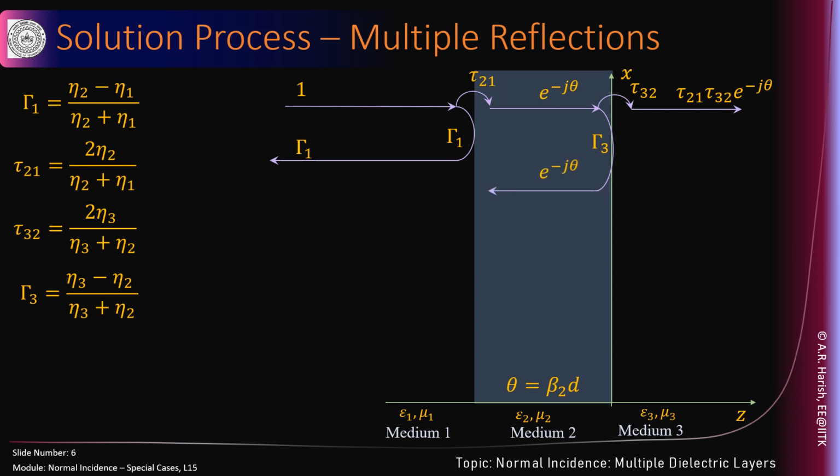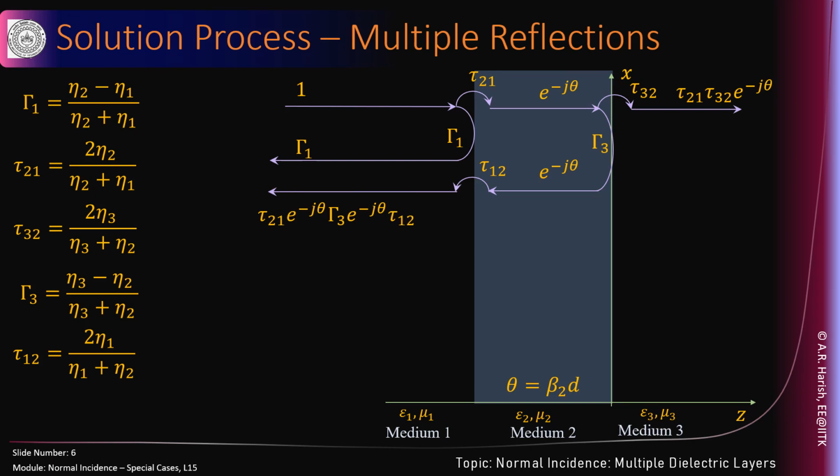This travels back a distance of beta 2 d, or e to the power of minus j theta, and comes out into medium 1 with a factor tau 12 given by 2 eta 1 upon eta 1 plus eta 2. And therefore, what is coming out into region 1, or medium 1?